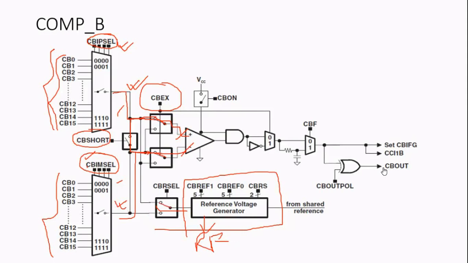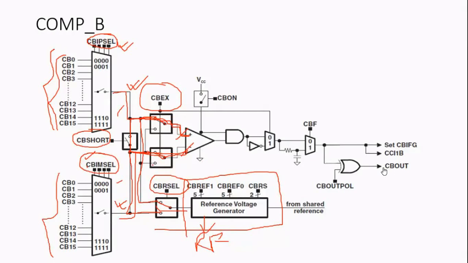If it is connected with this, it reaches the positive terminal of this. If it is connected with this, it reaches the negative terminal of this. So with the help of the CBRSEL bit, you can select any one of the reference voltages and feed it to either terminal of the comparator, either the inverting or non-inverting terminal.